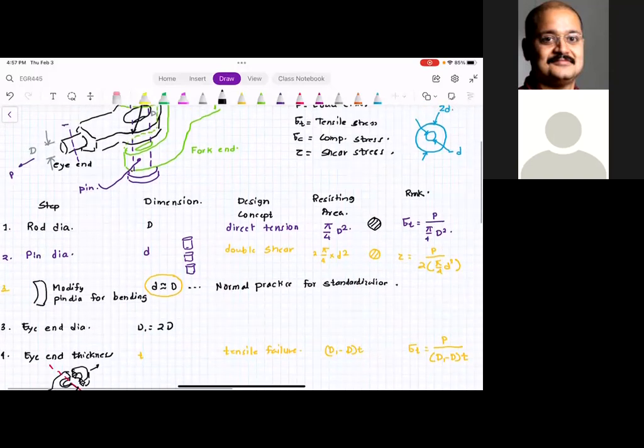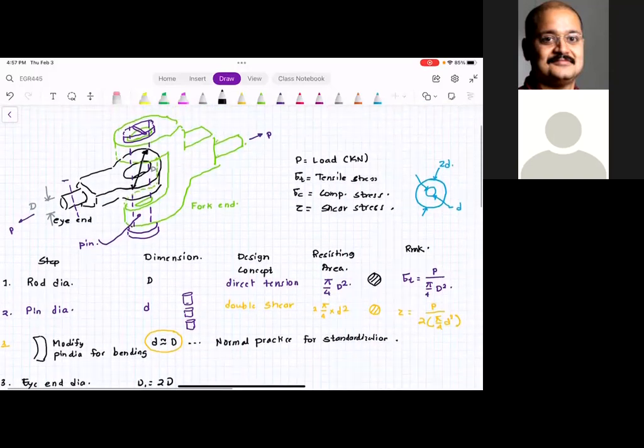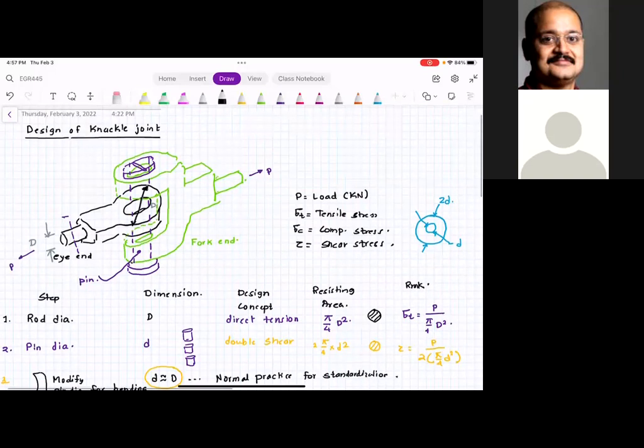So I will go through the design process quickly. Design of knuckle joint. It's a very straightforward step-by-step recipe. And understand the fork end is sort of a duplication of the eye end, where you take the eye end, slice it into two, and you have the fork end.